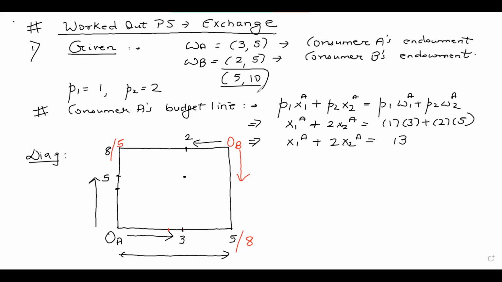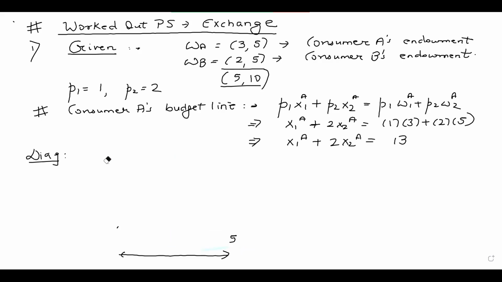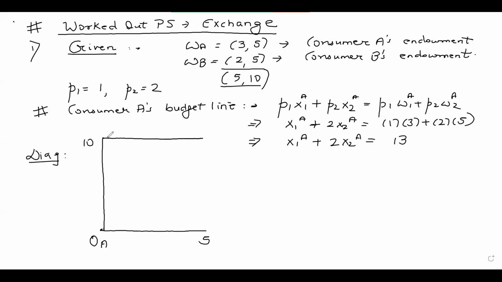So I have to redraw the Edgeworth box. This is A's origin. From A's origin, you have 5, and exactly double the length of it, 10. This is B's origin in red color. If you turn your pages around to B's origin, this is 10 and this is 5. Now we can plot the point.